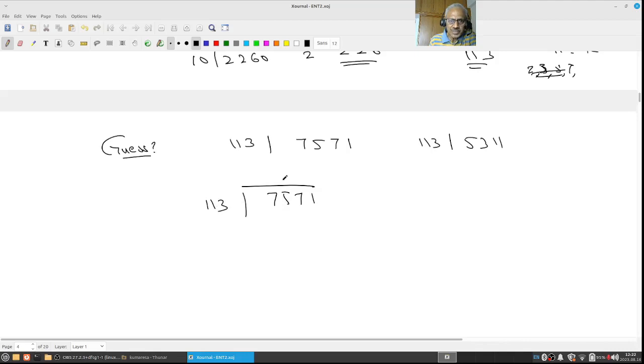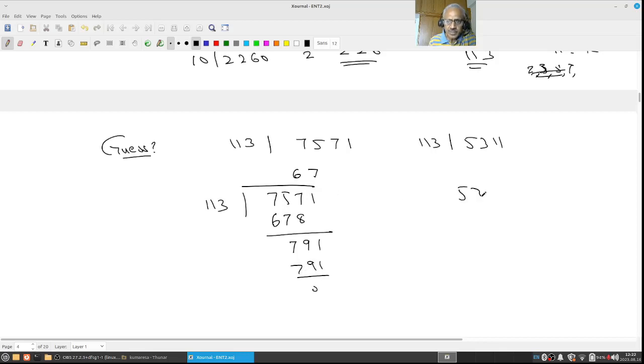This is a long division I am doing, so I think I can go up to 6 times. 6 times will be 8, 1, then 6, 7, and 6. Right, therefore that is going to be 9, this is going to be 7, 751. The obvious thing will be 7 times, which will be 91, yeah.